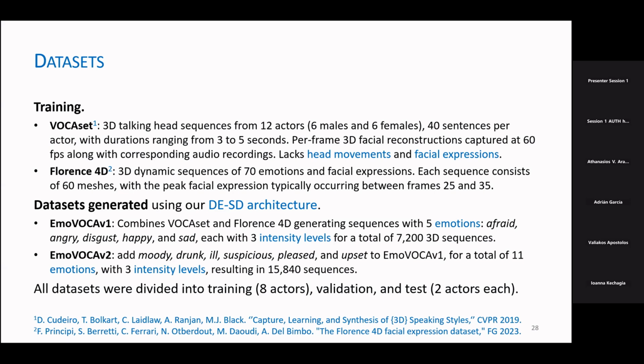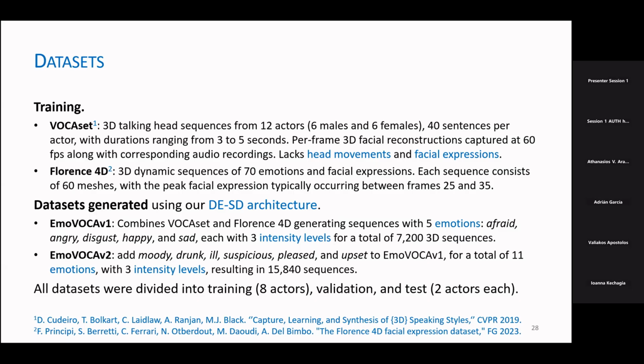And using these two datasets, and so entangling together the features from both, actually we generated two new datasets, because the purpose of this architecture is that of generating entangled data. So at the end we can generate 3D data that present both the talking head part and the emotional part. And so we generated these two datasets that we called EMO-VOCA version 1 and EMO-VOCA version 2.